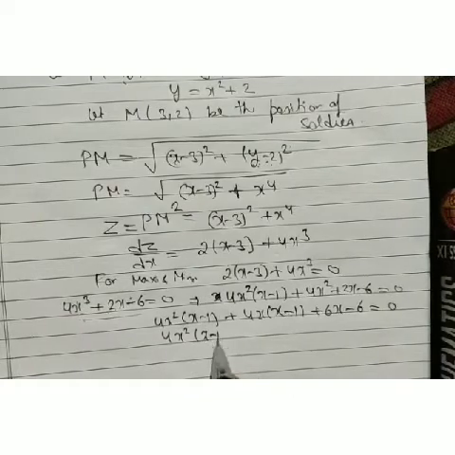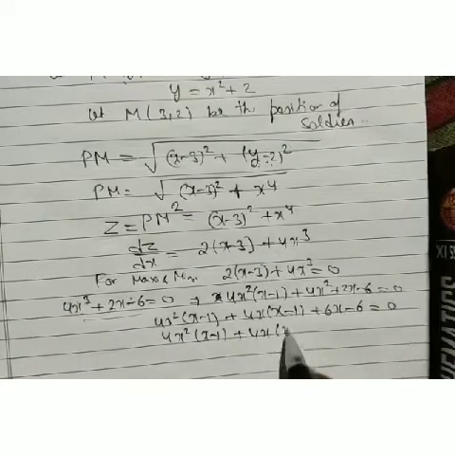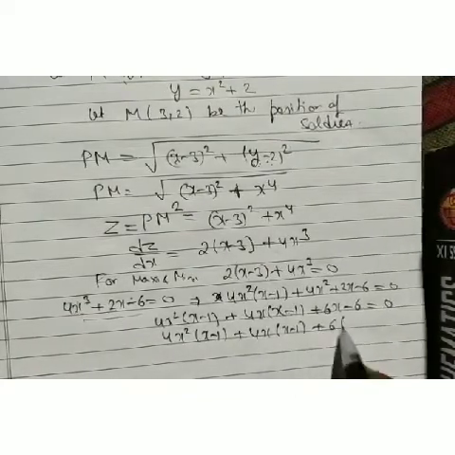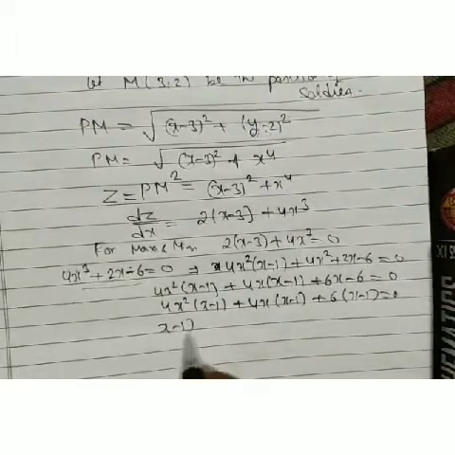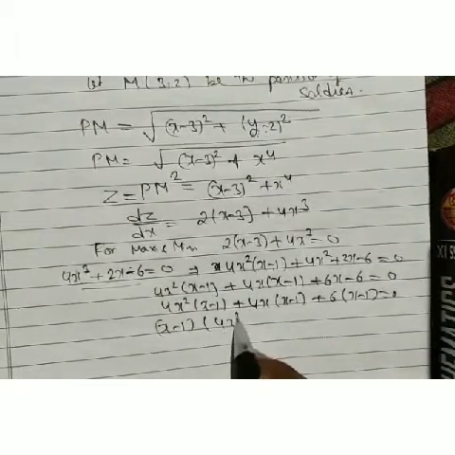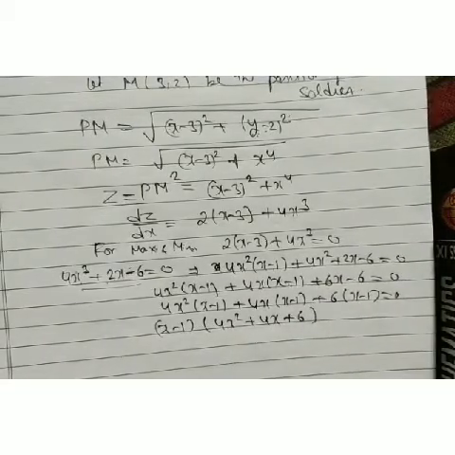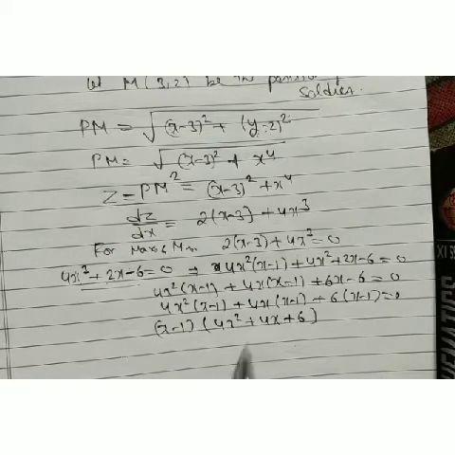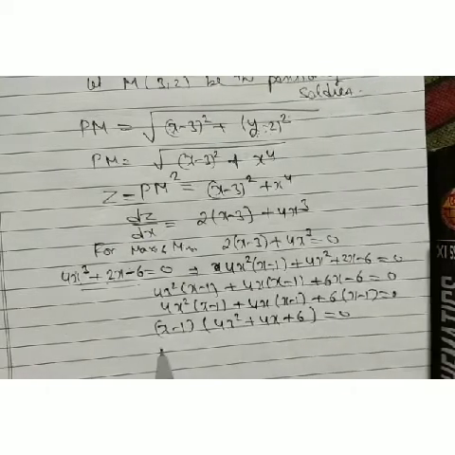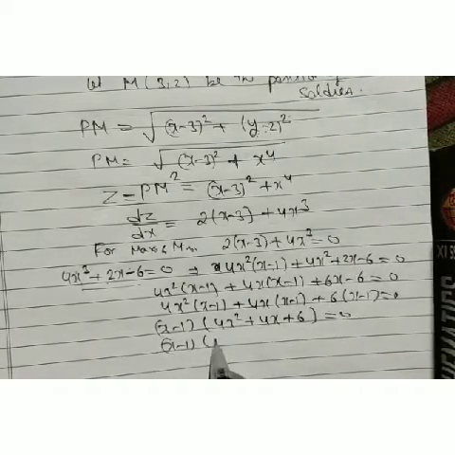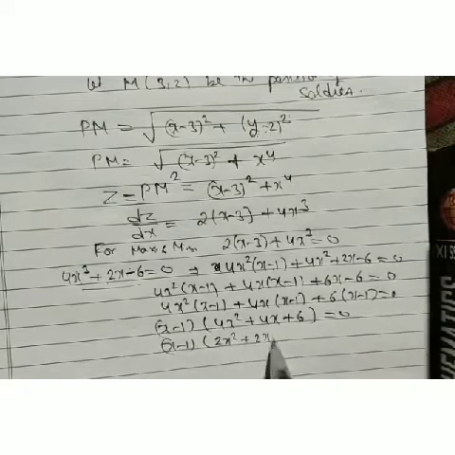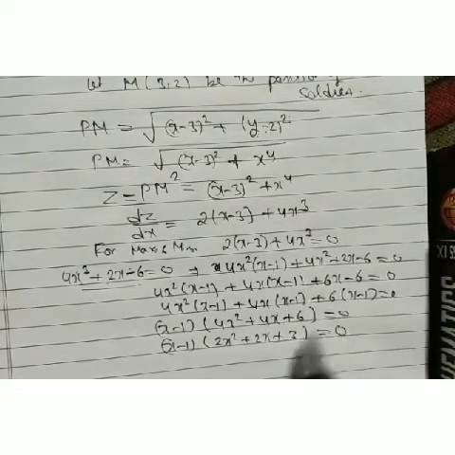So 4x square times x minus 1 plus 4x times x minus 1, and taking 6 common there. Now our factor is what? Take x minus 1 common. Then we have 4x square plus 4x plus 6 equal to 0. Take 2 common from there. Then what we have is x minus 1 times 2x square plus 2x plus 3 equal to 0.